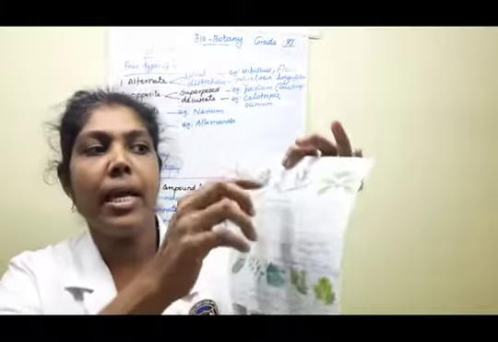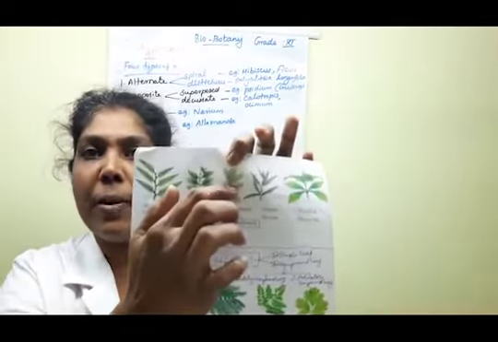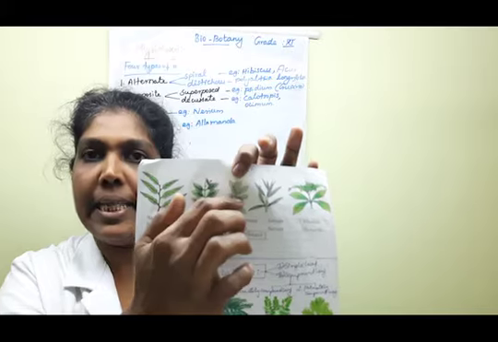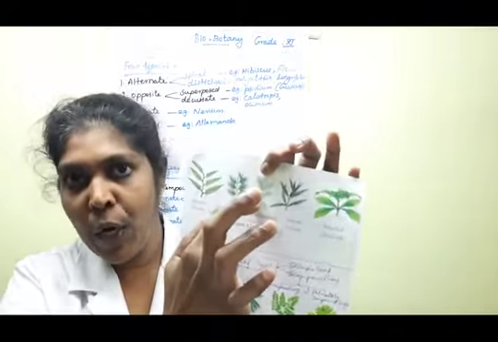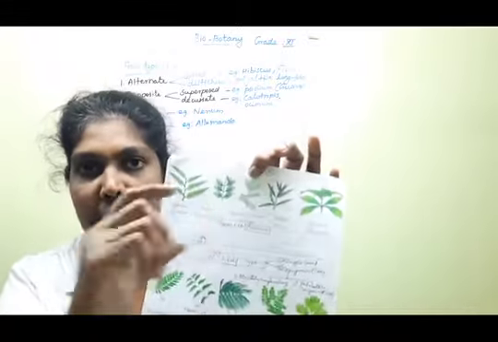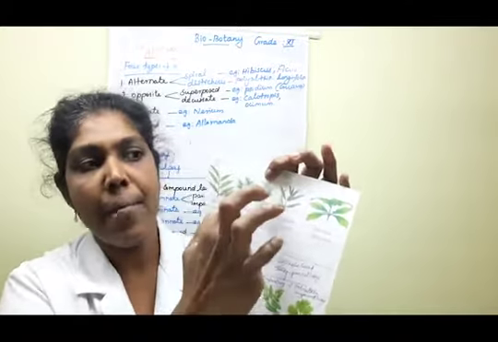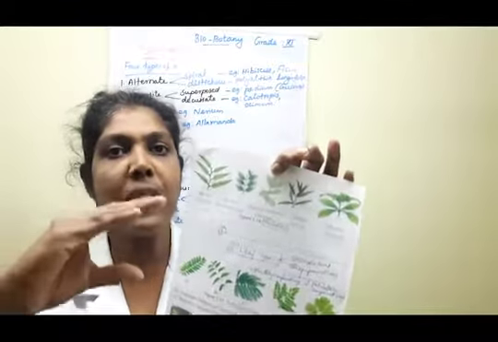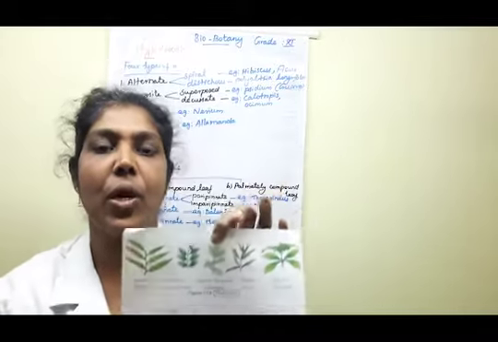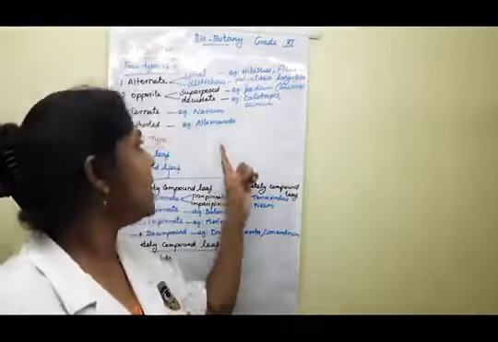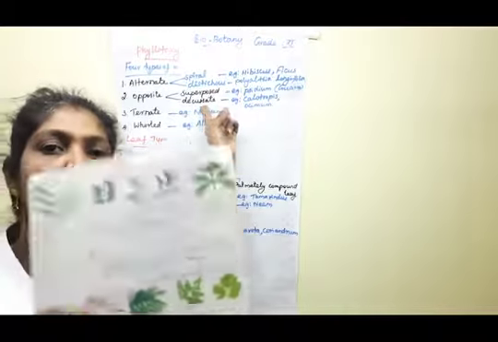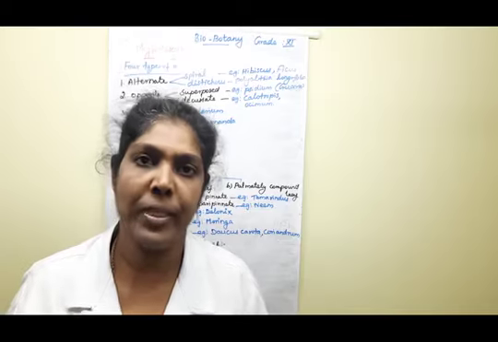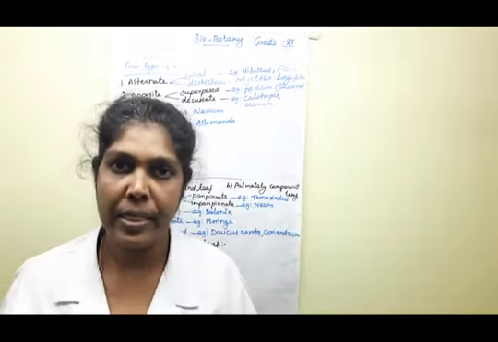See here, the first pair is in one direction, isn't it? Then the next pair, below or above, turns at a right angle to it. This arrangement of leaves is known as opposite decussate, the second type. The example is Calotropis. Understood?